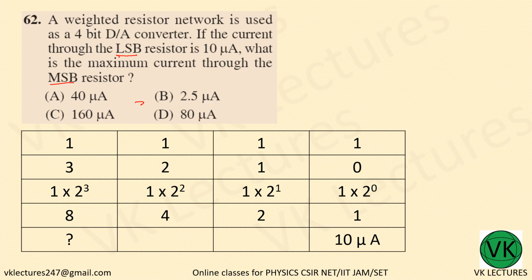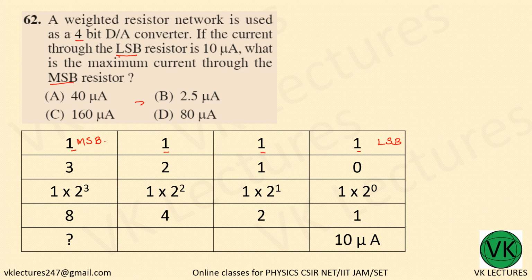Okay, now this is 4-bit digital to analog converter. That means there are 4 digits, bits. The last one is the least significant bit and this is the most significant bit.